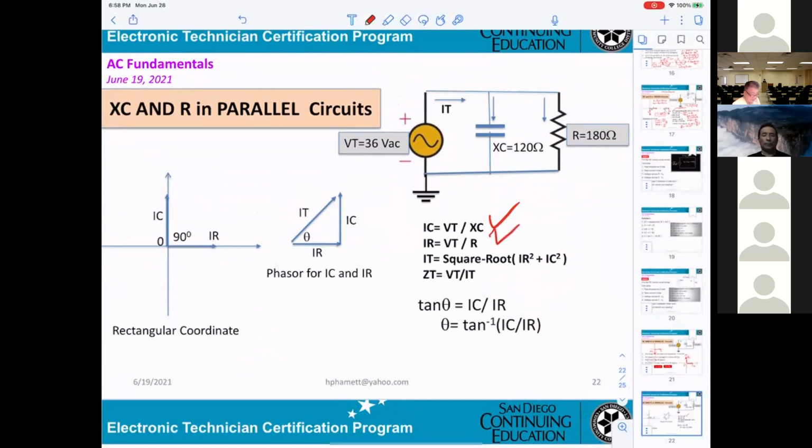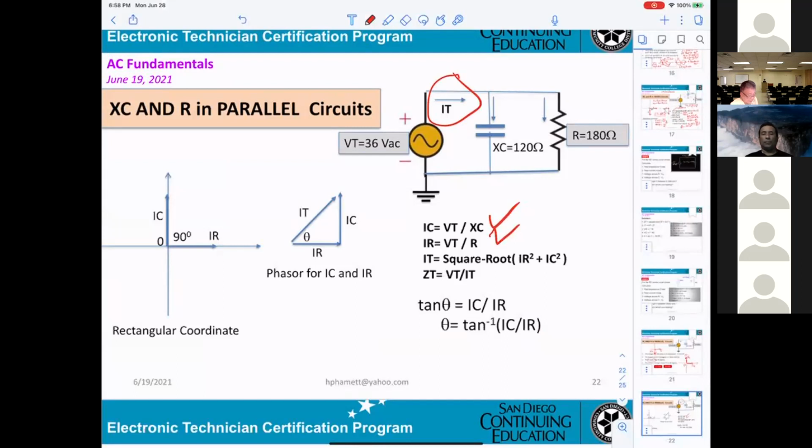IR will be VT divided by R. However, in basic DC circuitry, IT equals I1 plus I2. In this circuit, they're not in phase, so to calculate IT you have to use the square root of IR squared plus IC squared. Right, like Pythagoras. Okay?